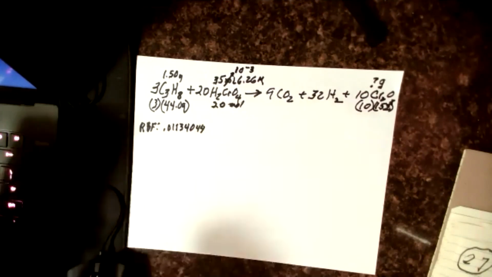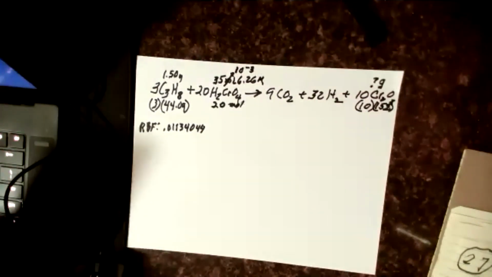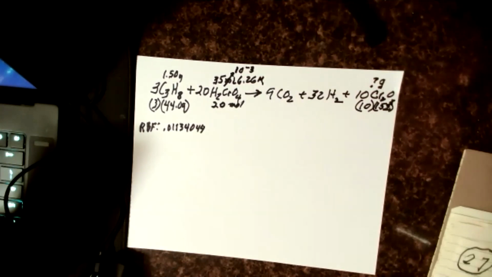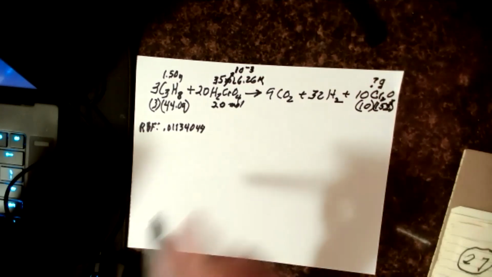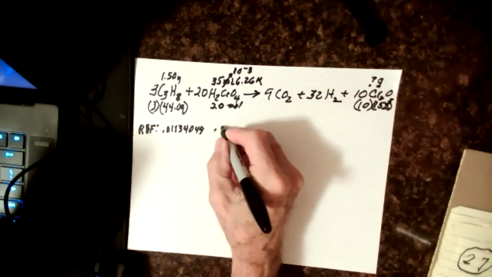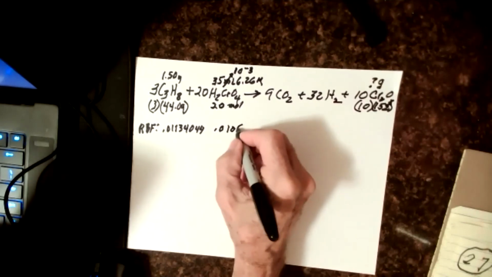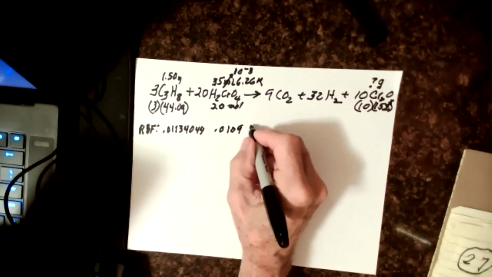Now I'm going to do this one, 35 with an exponent of minus 3, times 6.26, and then I want to divide it by 20. This one comes out to be 0.0100955.